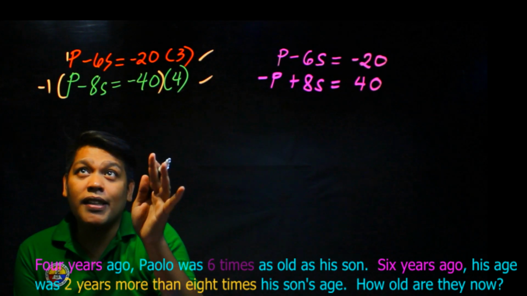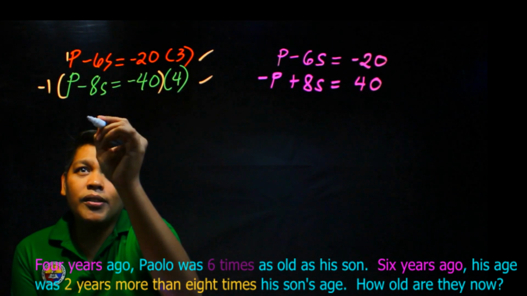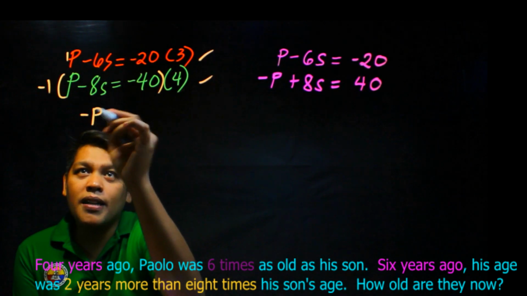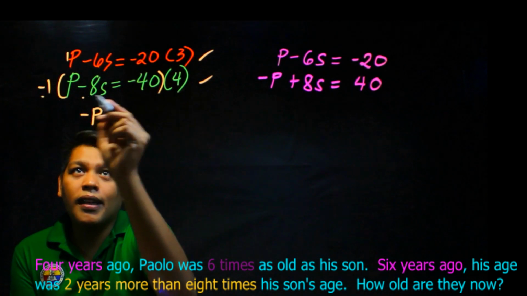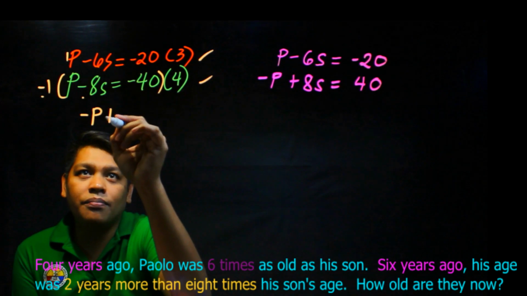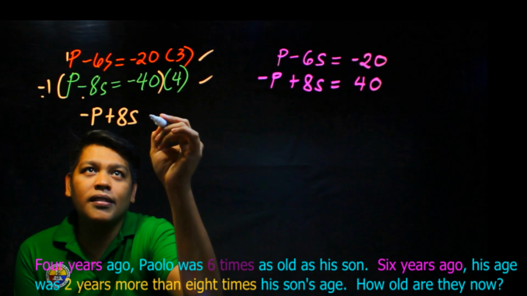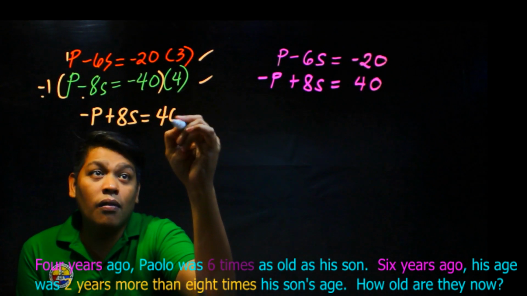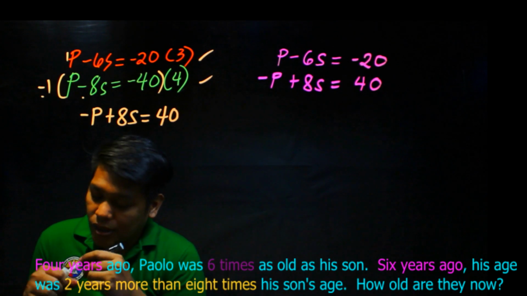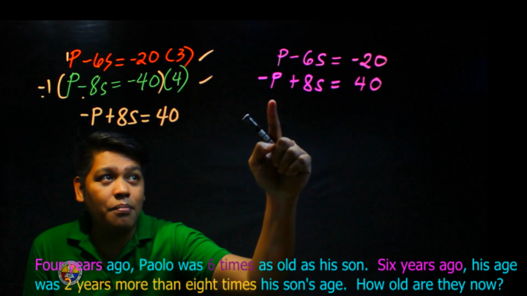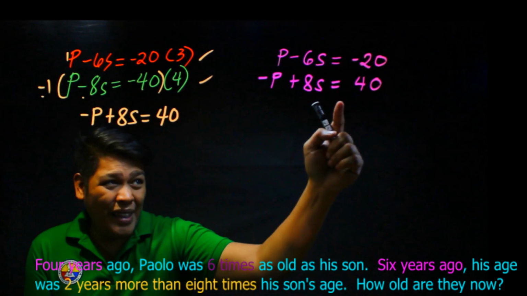Distributive property. So, negative P plus 8S equals 40.